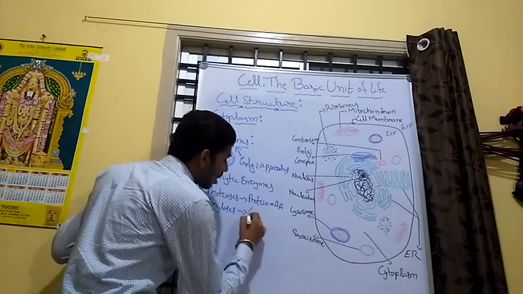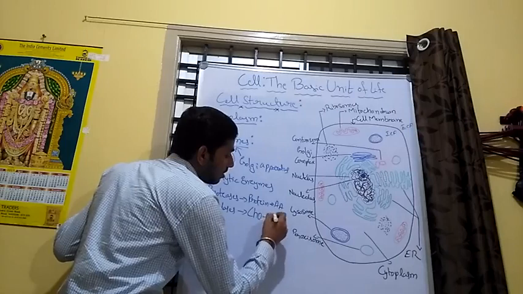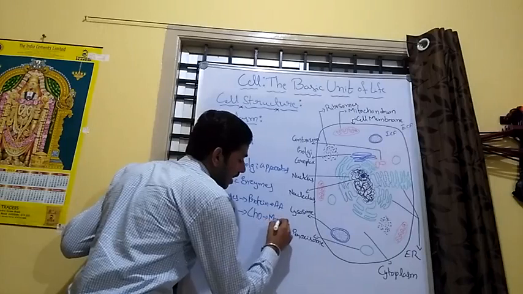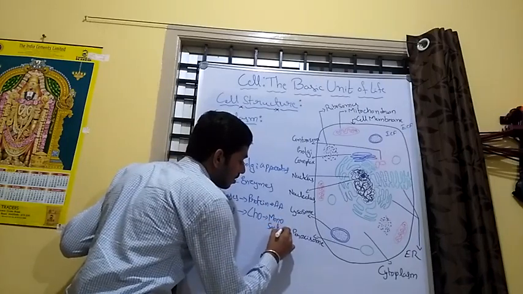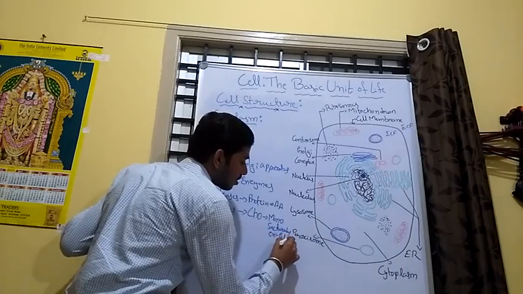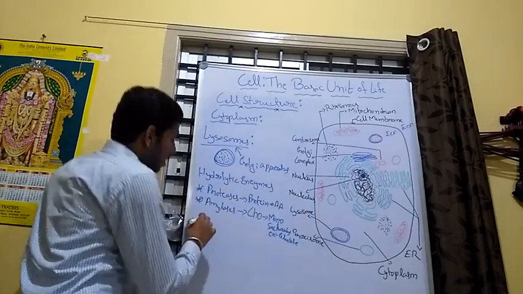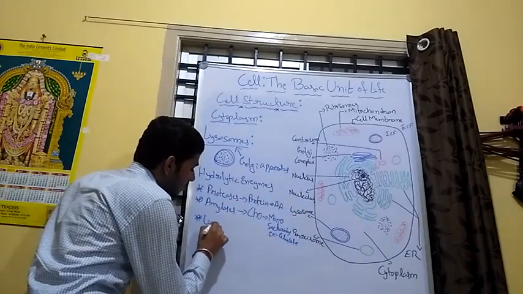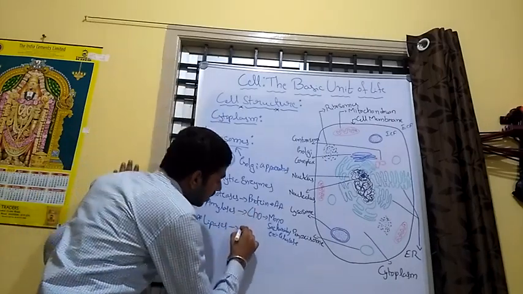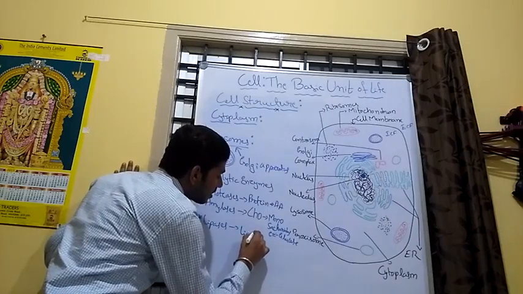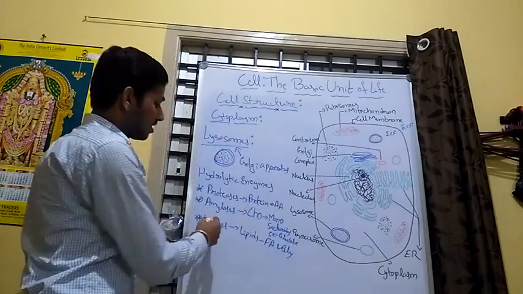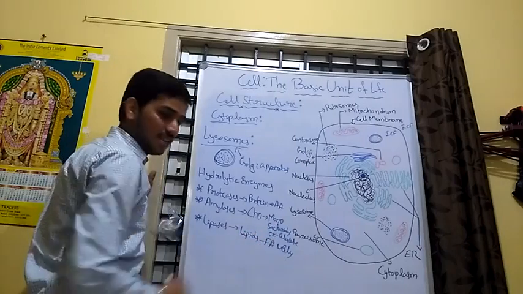These cleave carbohydrates or polysaccharides into monosaccharides, for example glucose. Next, lipases. Lipases cleave lipids into fatty acids and glycerol.